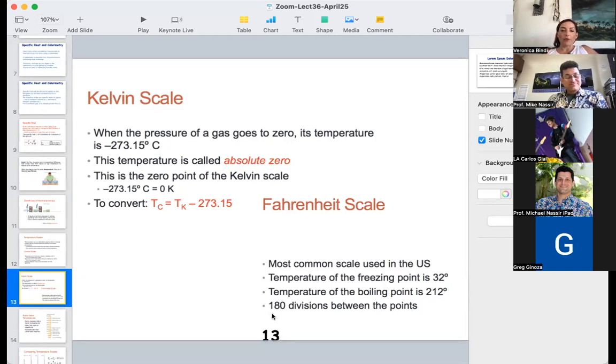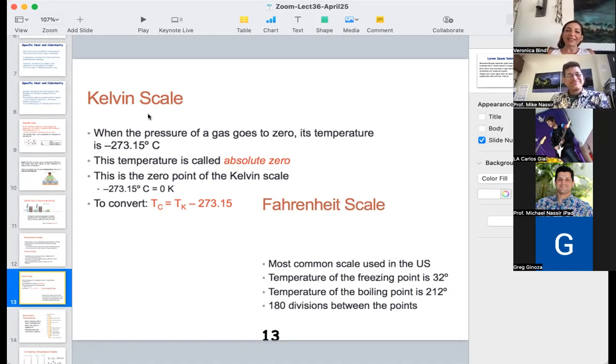And you have 180 divisions between the points. This is something very crazy for me, but it is what it is. I need to adapt to the new rules and challenge myself like everyone else.